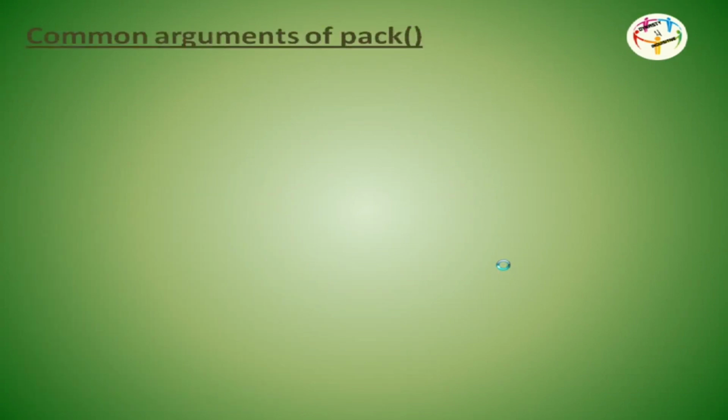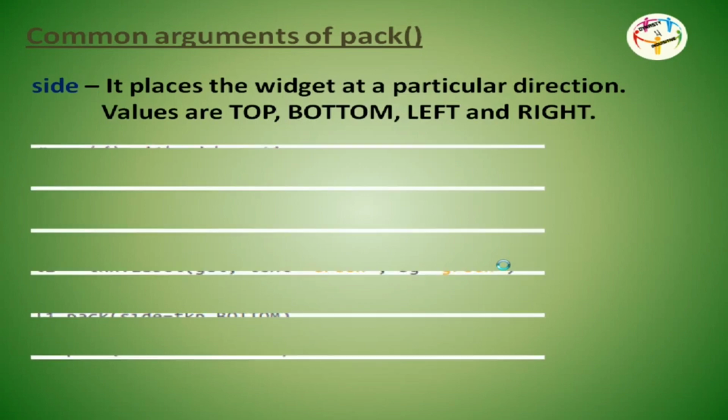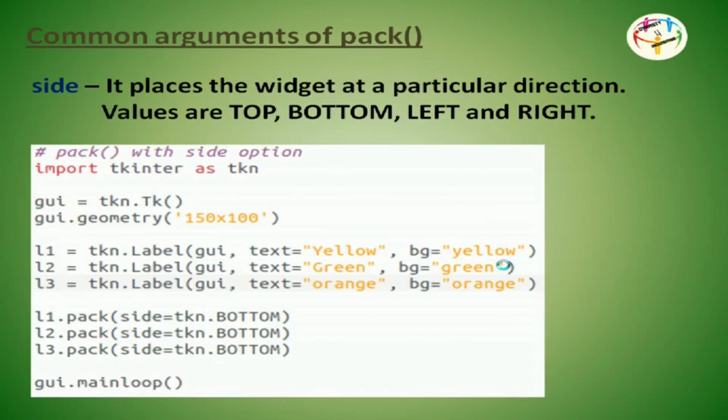Now there are some common arguments that we can use inside the pack method, and the first option is side. It places the widget in a particular direction. The values are top, bottom, left and right. For example, if we use the bottom option for 3 labels, it means L1.pack side equal to bottom.